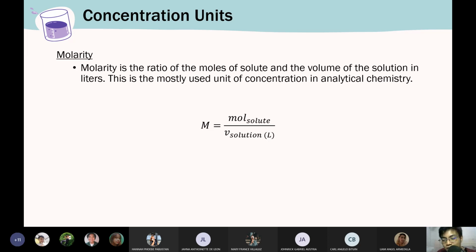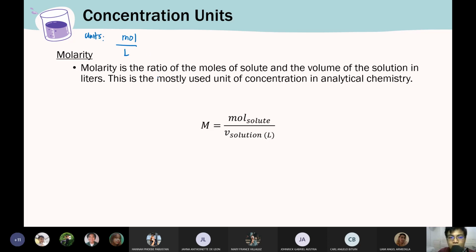And molarity is the common unit in analytical chemistry. Ito yung gamit na gamit sa buong world ng chemistry. Okay, so it is molarity. We can signify molarity in 3 ways. Pwede siyang unit of mole per liter. So ito yung mga units natin.